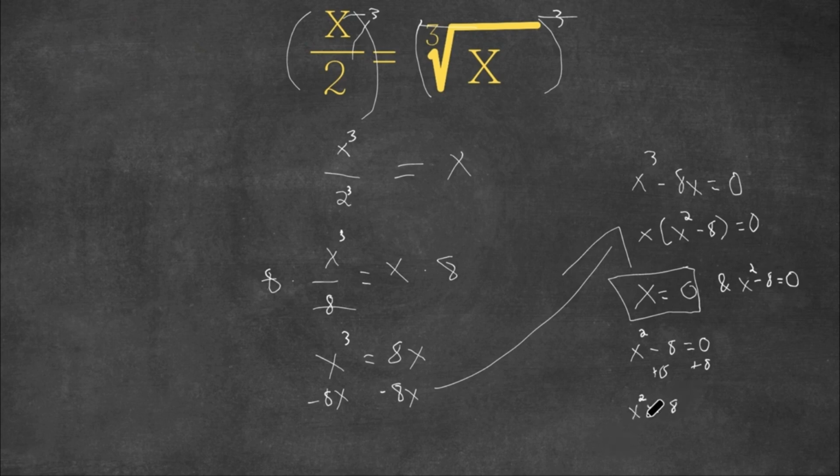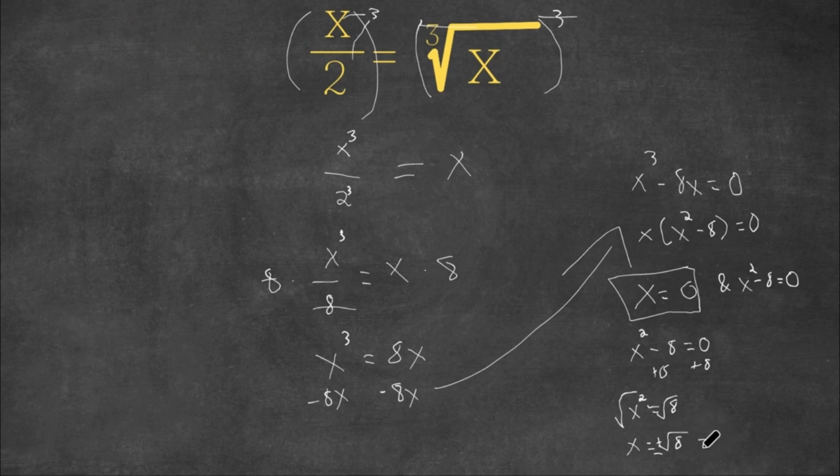Now, because we want to get x in its original form, we're going to have to find the square root of both sides. And the square root of x squared is obviously just x. So x equals the square root of 8. Actually, plus or minus. Remember to add that plus or minus whenever you have square roots.